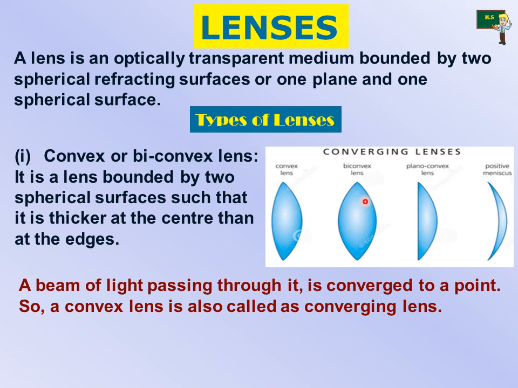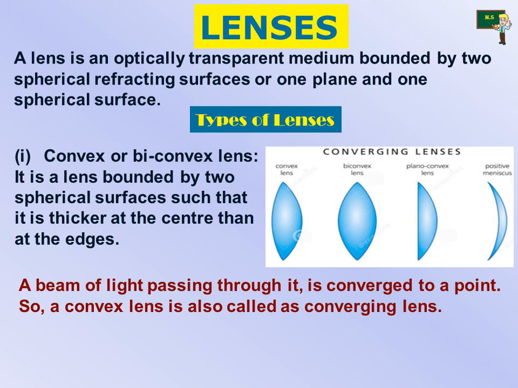A beam of light passing through it is converged into a point. So the convex lens is also called a converging lens. It is also called a biconvex lens and plano-convex lens, and it has a positive meniscus.